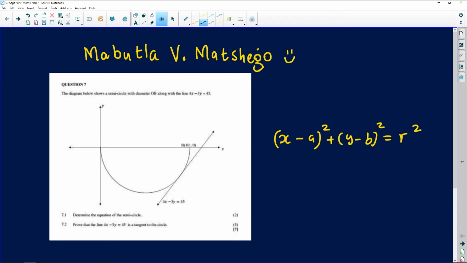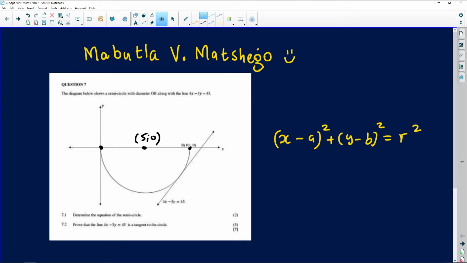If you check our diagram, we don't know what the coordinates of the center are going to be. But we know for a fact that this circle passes through the origin, and it also passes through point B with coordinates (10, 0). I think we can definitely conclude that in the middle, the x coordinate is simply going to be 5, and the y coordinate will just simply be 0.